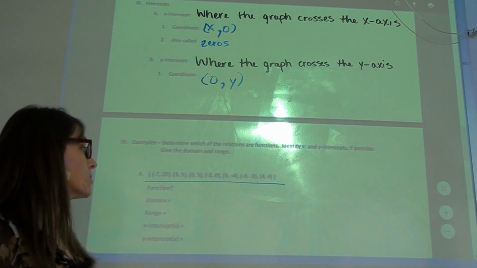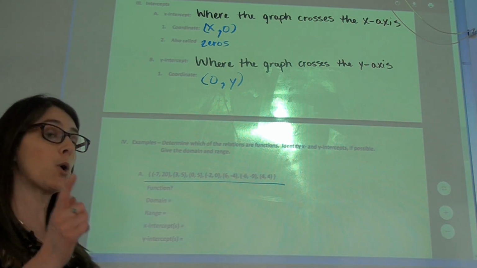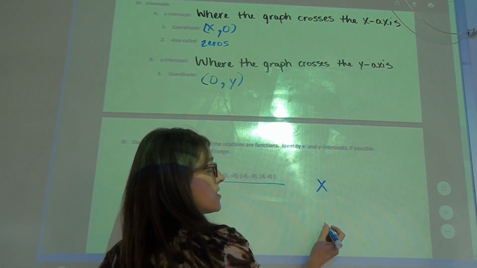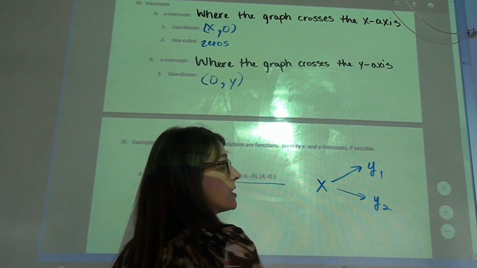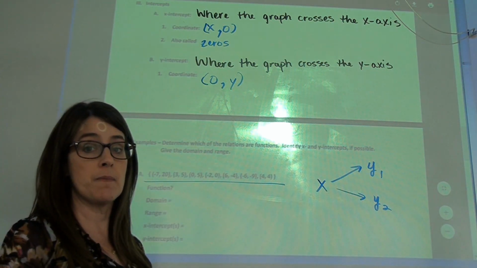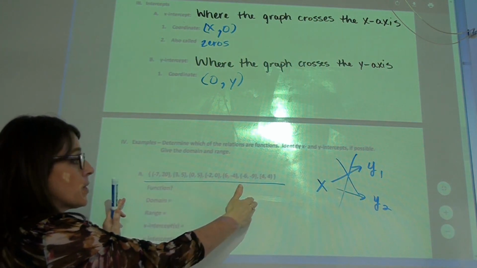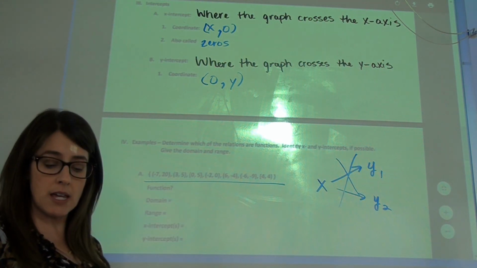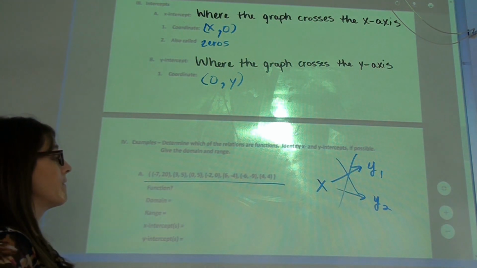And what I need to do is, first off, decide whether or not this thing is a function. Now remember, burn this picture in your brain. When I have the same x going to 2 different y values, is that a function or not a function? Definitely not a function. So I need to look at this string of ordered pairs and see, is there a case where I have the same x going to 2 different y values?